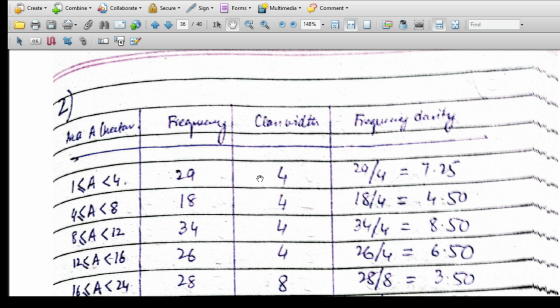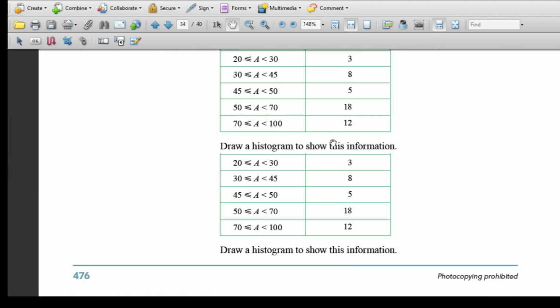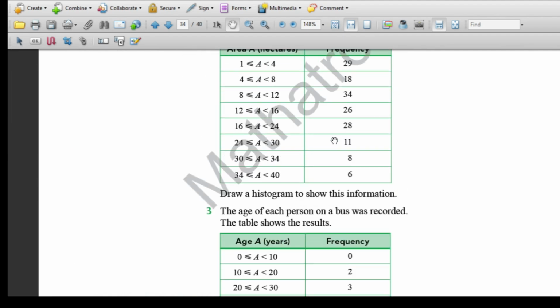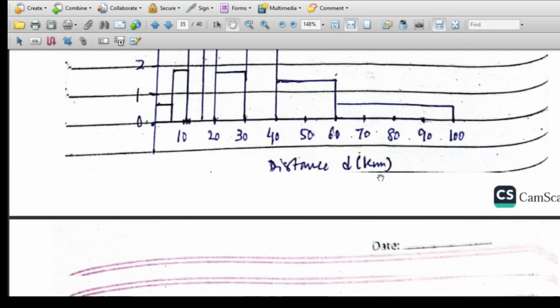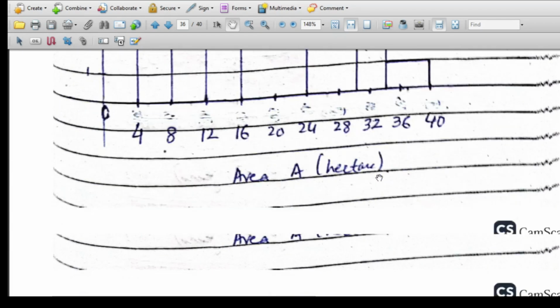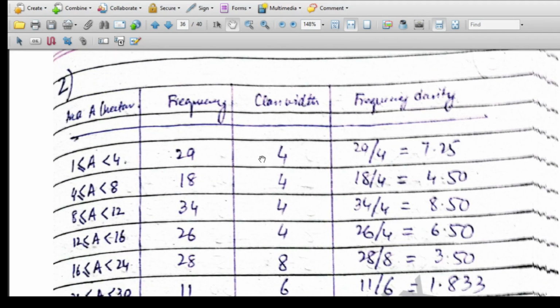Actually this is 1 to 4, so the width is 3, so this was wrong.